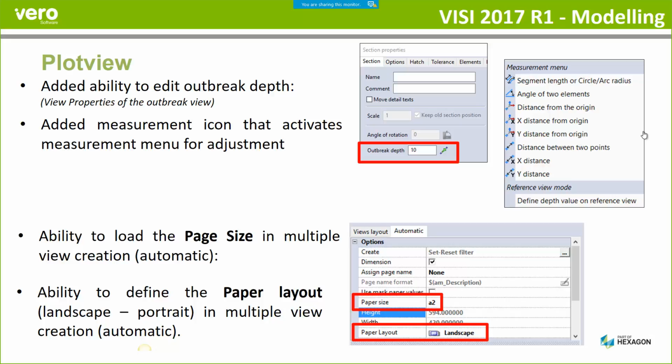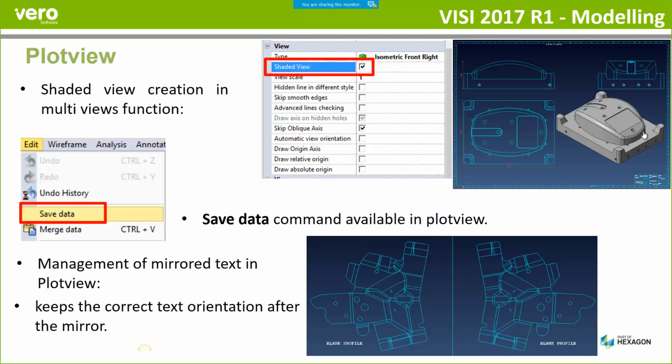And for the paper layout, you can specify between landscape and portrait in multiple view creations. If you're doing multiple view creation and using the automatic option, you can specify how many views are shaded, so you don't have to do that as a secondary function.